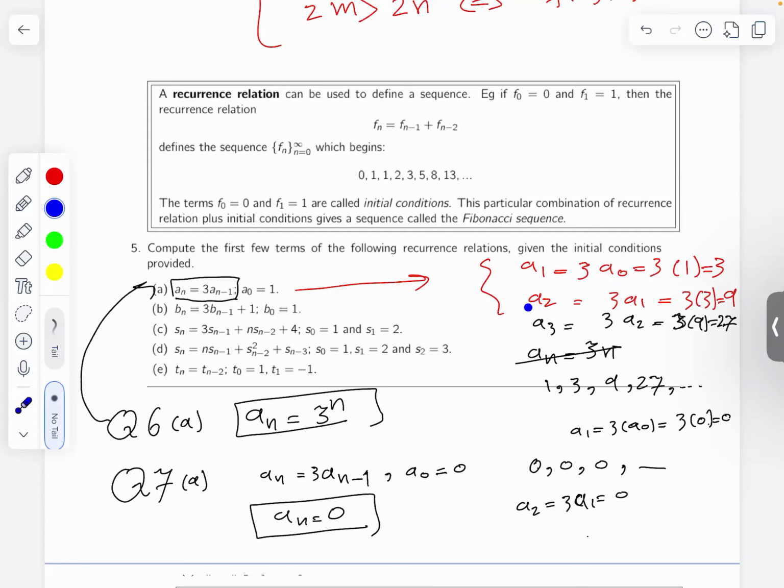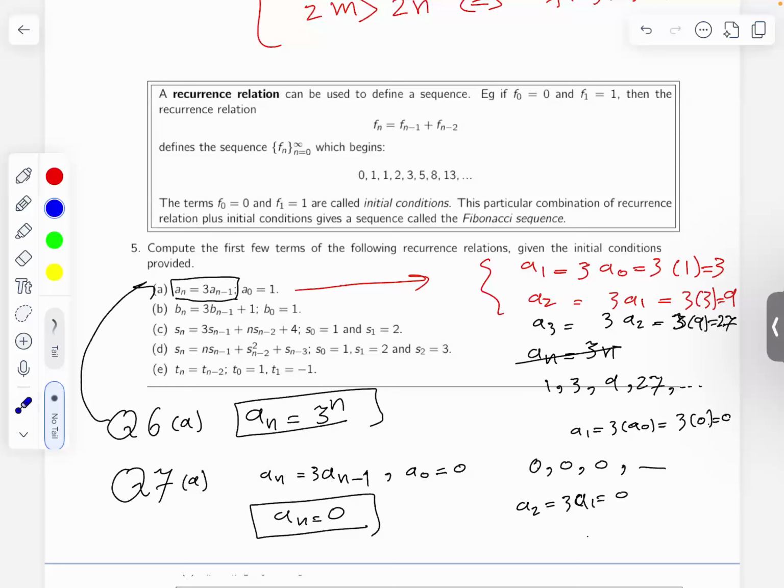A2 equals 3 times A1, equals 3 times 3, okay, because A1 was 3, so 9. A3, 3 times A2, 3 times 9, 27.